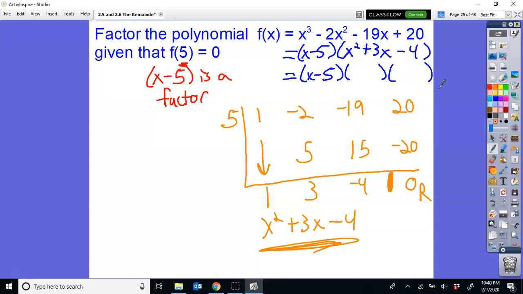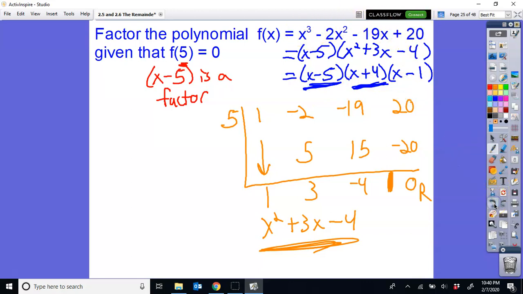Not just use the division to help us get that first part done, but also be able to split this up further into x and x, plus and minus because it's a -4, and then the factors of 4, 1 and 4, I'll put a 4 here and a 1 here to get 3 in the middle. So this times this times this gives me what I started with.